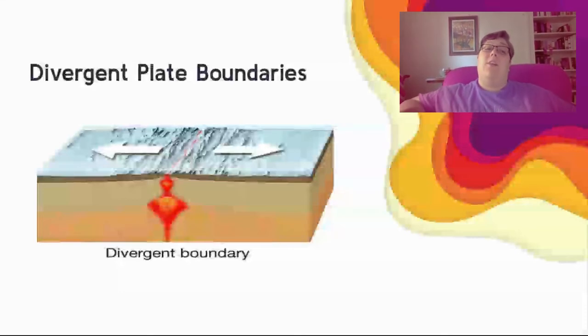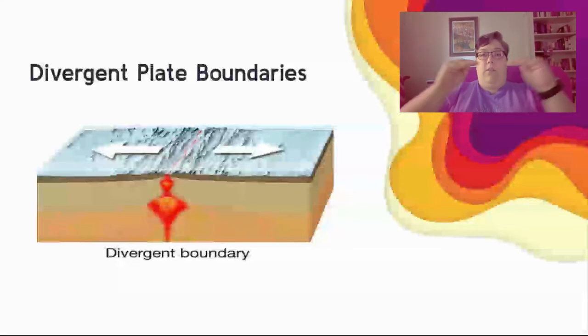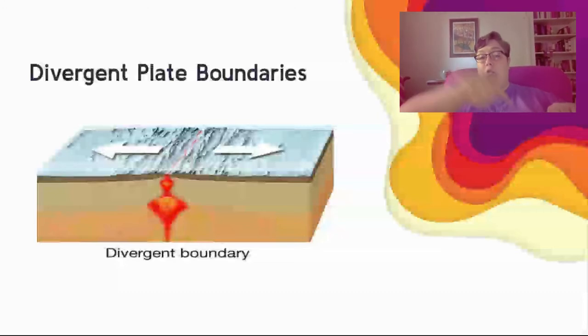Divergent plate boundaries, they're a lot easier because the same thing is going to happen no matter what. Diverge means to move away from each other. So when two plates are headed in opposite directions, we call the boundary between them a divergent boundary. And what's going to happen there is, well, all of a sudden you've got a hole in the crust.